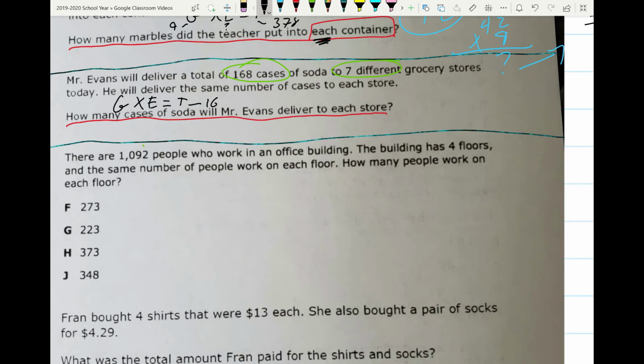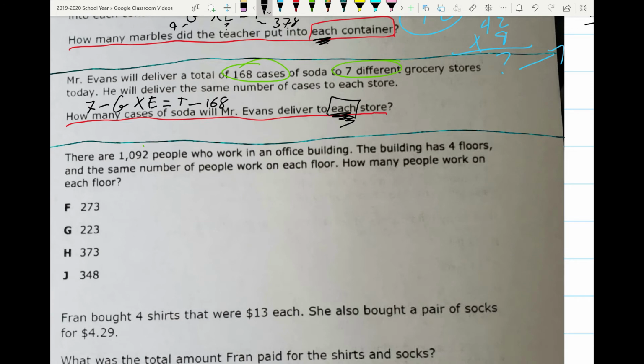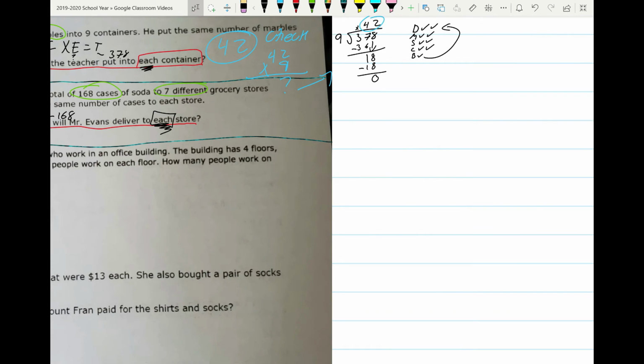Yes, which is 168. Do I know my groups? Yes, 7. Do I know my E? Well, that is what they're looking for because it says right there each. So if I have my G and my T, that means I'm going to be dividing. Okay, so I have 168 divided by 7.